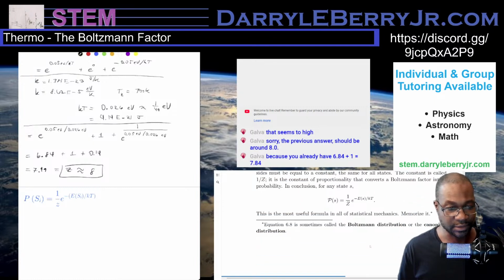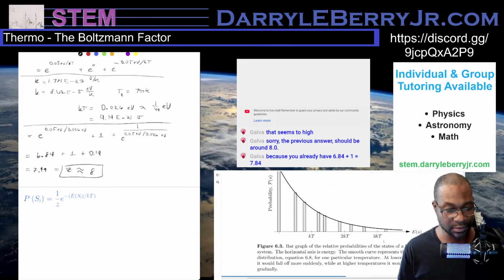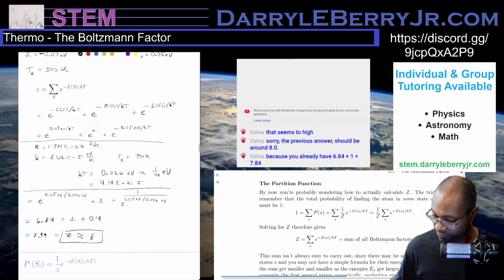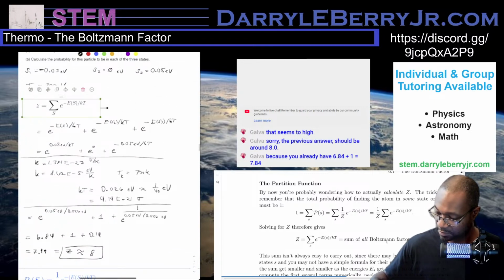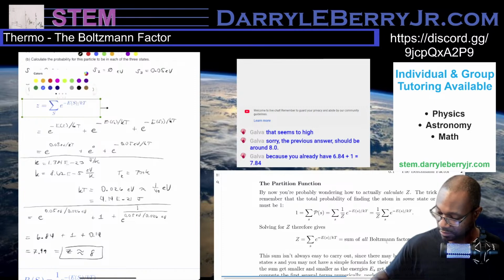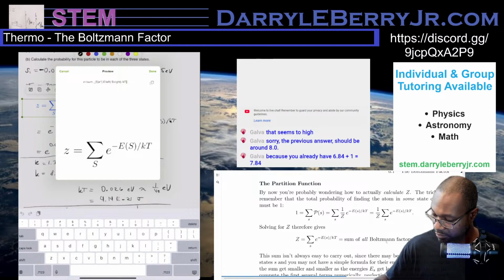Let's see about this. Very good. So this is conversion, right? Sometimes this conversion changes things around. Z equals the sum over s of e to the negative E_s. I notice that they have a lowercase s for state, not for entropy.